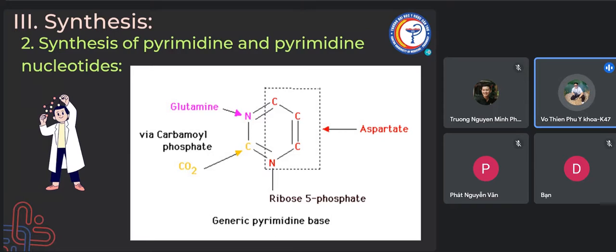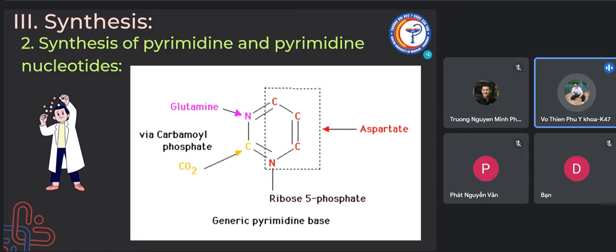We move to part 2 of synthesis, pyrimidine and pyrimidine nucleotides. Since pyrimidine molecules are simpler than purines, so is their synthesis, but it is still from readily available components. Glutamine's amide nitrogen and carbon dioxide provide atoms 2 and 3 of the pyrimidine ring.